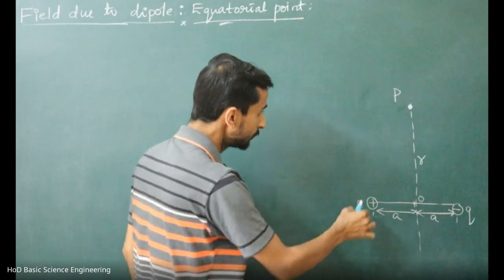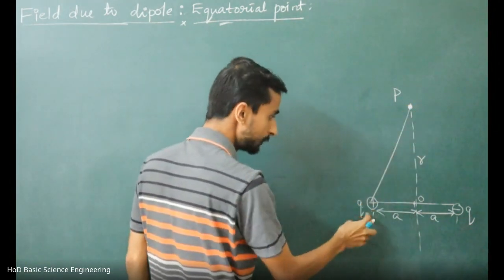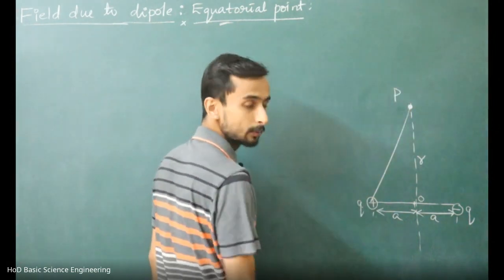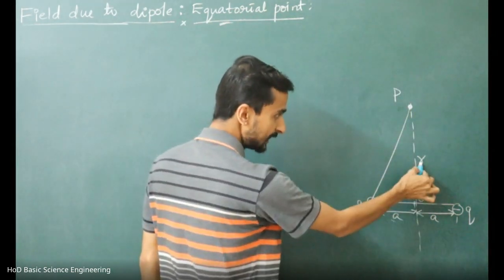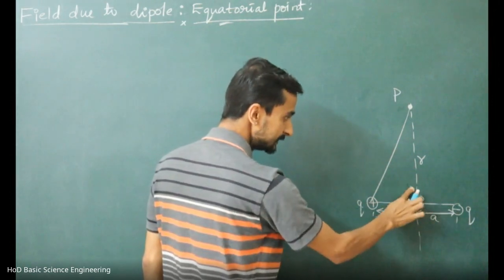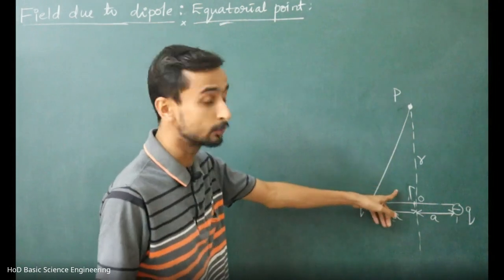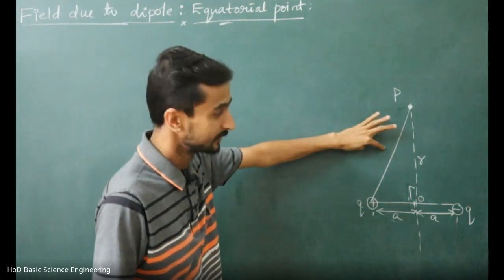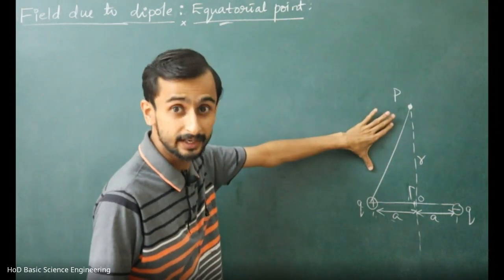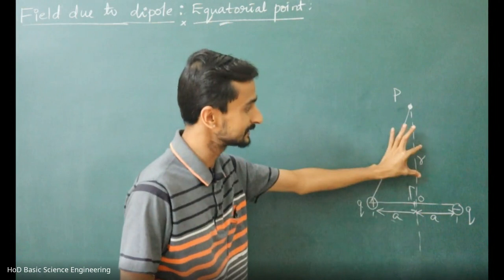Now what about this distance? We require the distance from plus q to this particular point. Just look at this. This is a and this is r, and this angle is 90 degrees, right? So we can use Pythagoras theorem to calculate this distance. This is the hypotenuse, so its square is a square plus r square.